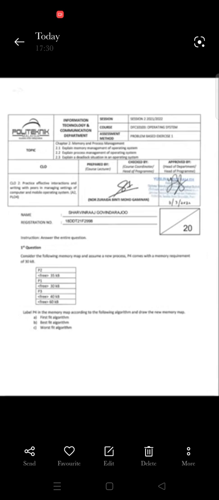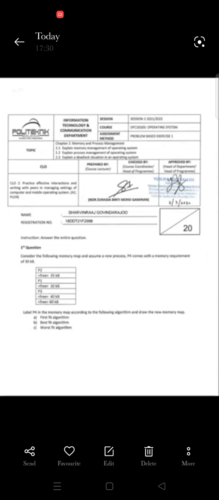And today I'm going to present about problem based exercise 1. The first question is: consider the following memory map and assume a new process P4 comes with a memory requirement of 30 KB.